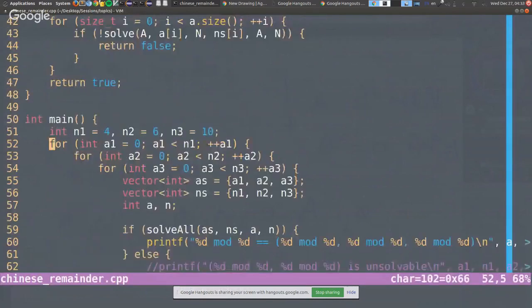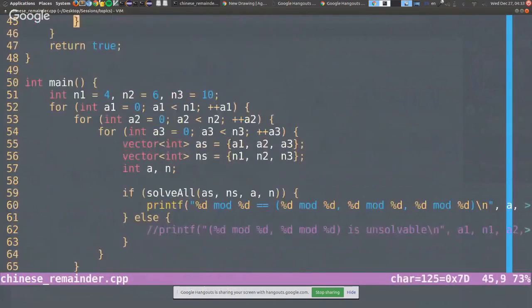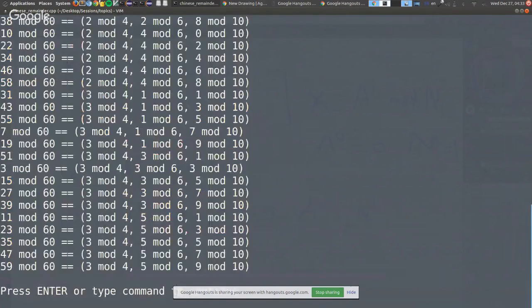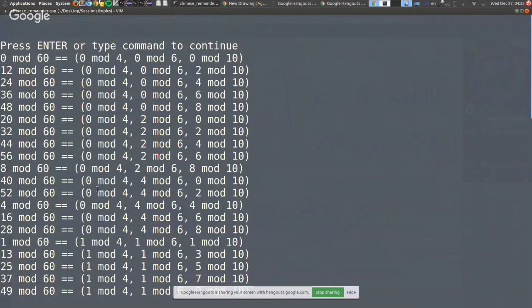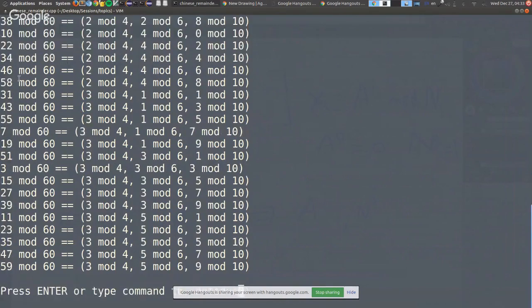it's not compiled. So here I do it for 3 equations instead of just 2, and I use this generate method to solve all. Now it produces all the solvable pairs, or here in this case triples.